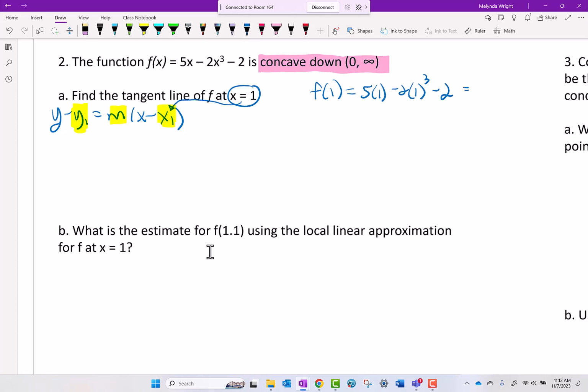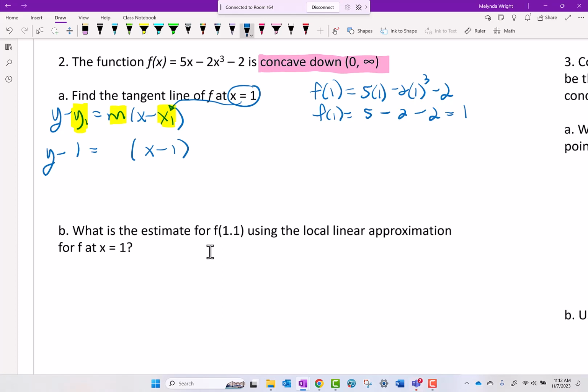Y'all know how I am with arithmetic. So we've got 5 minus 2 minus 2. All right, so what is that? 1. Okay, so let's just start building our equation. So 1 is going to go here. Okay, I don't know what m is yet. So I'm just filling in the parts that I know. I know x1 and y1 now.